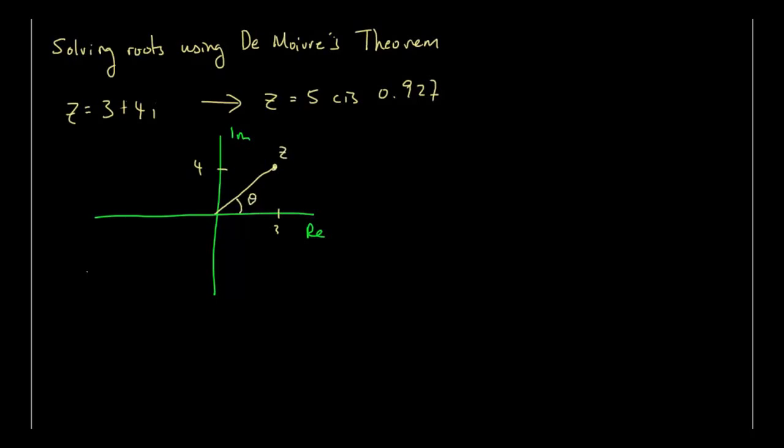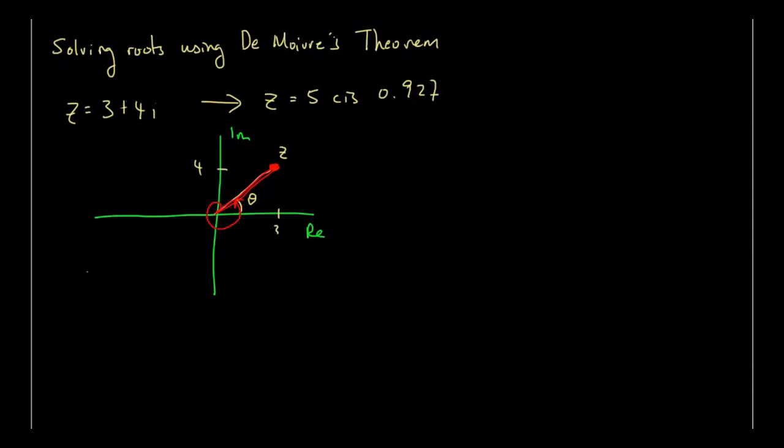Now imagine that this line can rotate 2 pi. If it rotates 2 pi, I will arrive at the same position, the same dot. So there are actually an infinite number of ways that we can express 3 plus 4i in the polar form.